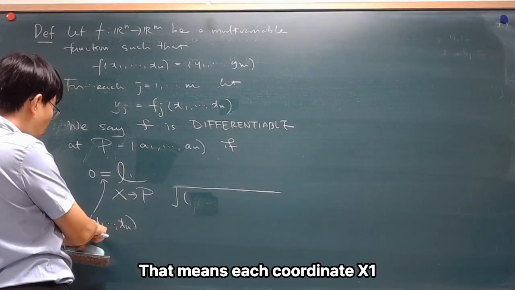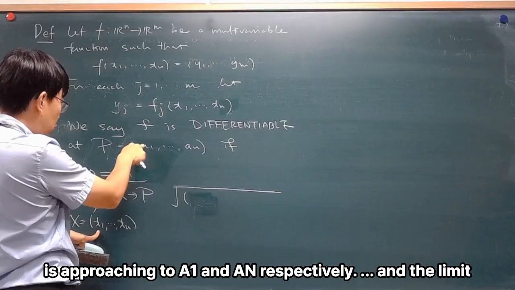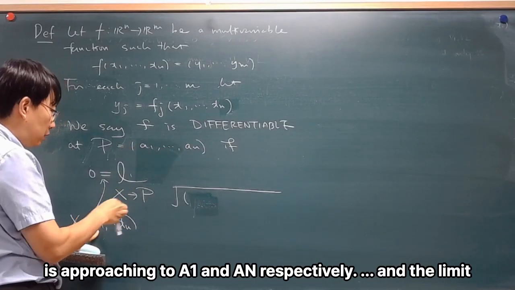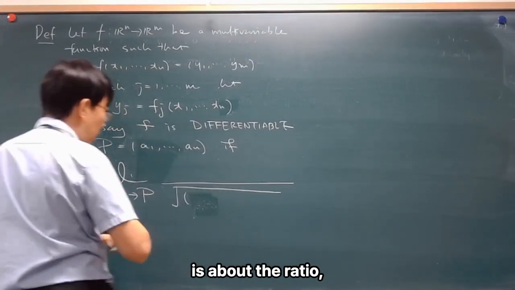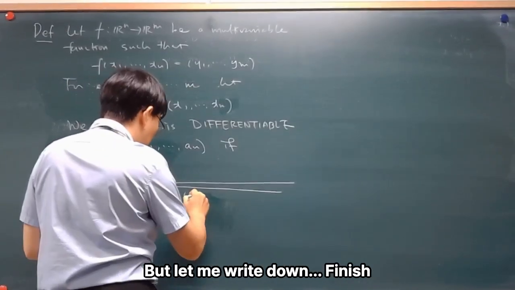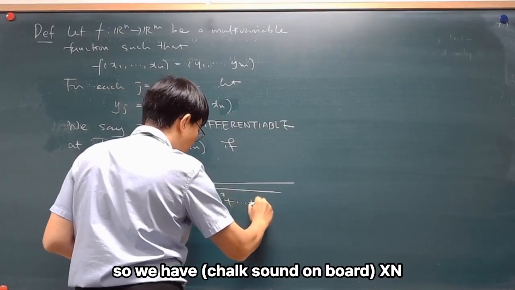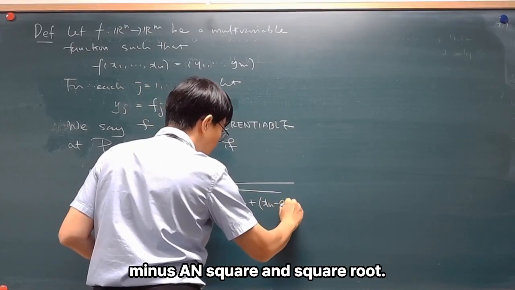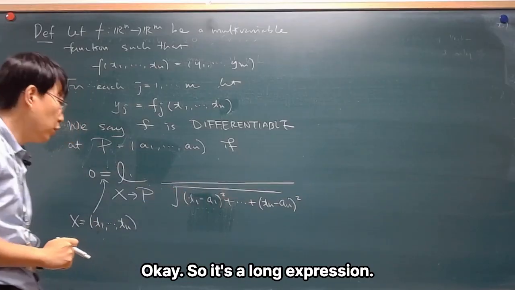That means each coordinate x1 to xn is approaching a1 to an respectively, and the limit is about the ratio, but actually you will see that it's not really about the ratio of numbers. But let me finish writing down all this. So we have the square root of the sum of (x1 minus a1) squared up to (xn minus an) squared. Okay, so it's a long expression.